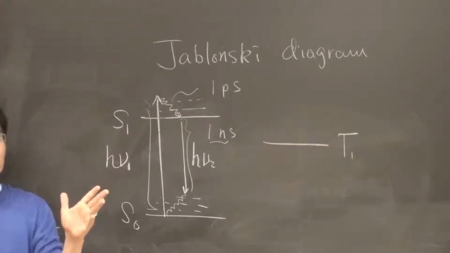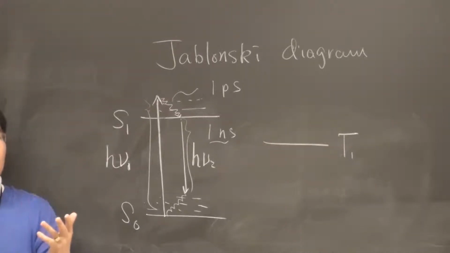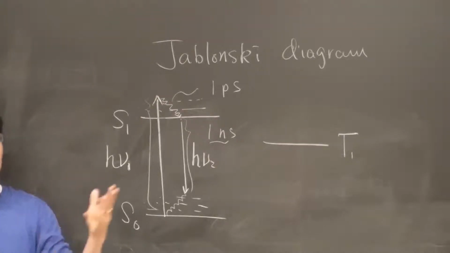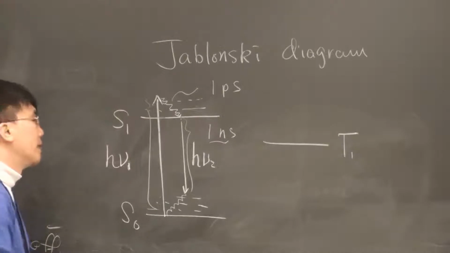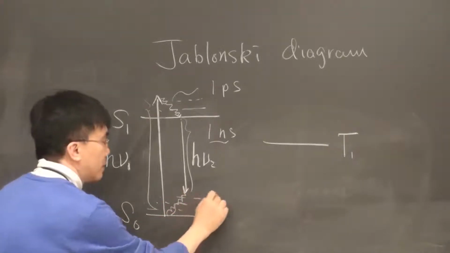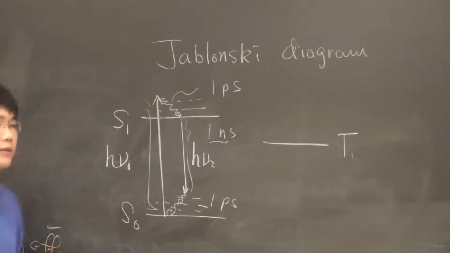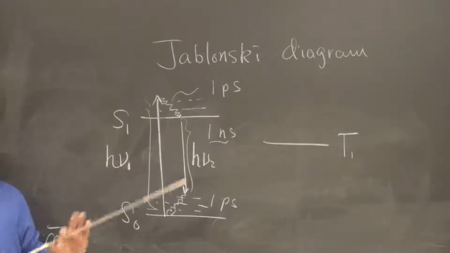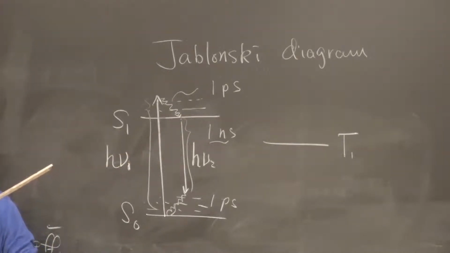When I say a nanosecond, I'm talking about the order of magnitude. It can be 0.2 nanosecond, it can be 5 nanoseconds, and so on, depending on what you have. And then it comes down to the ground state within, again, 1 picosecond. So most of the time is spent in the excited state. Okay?